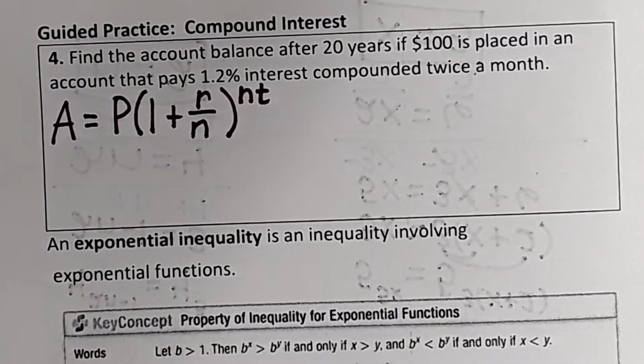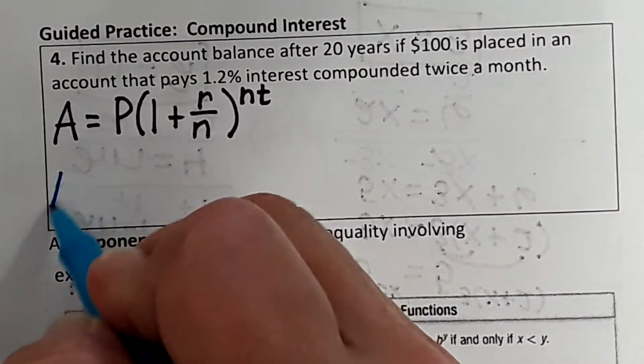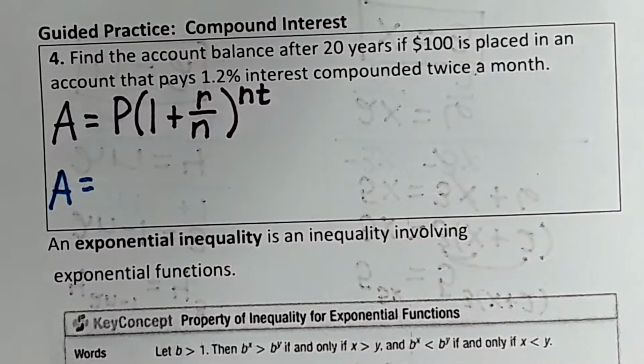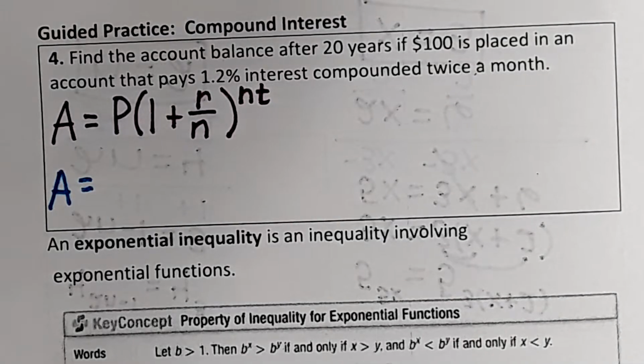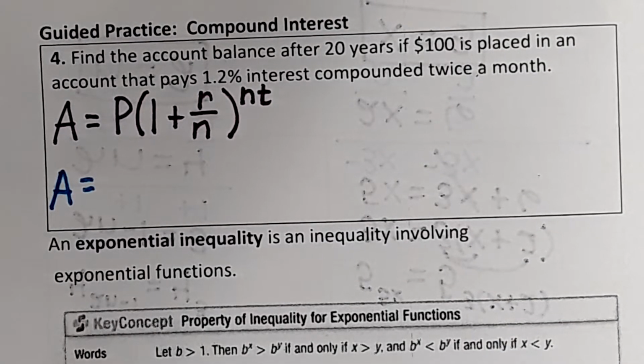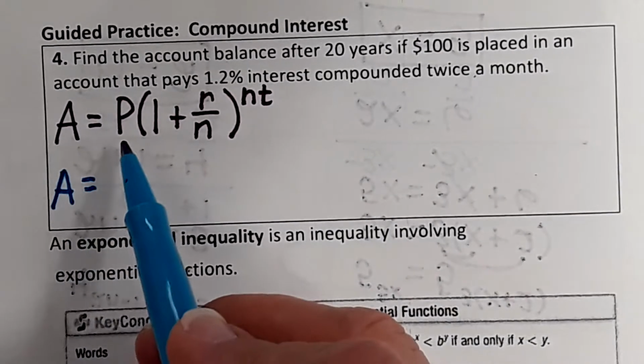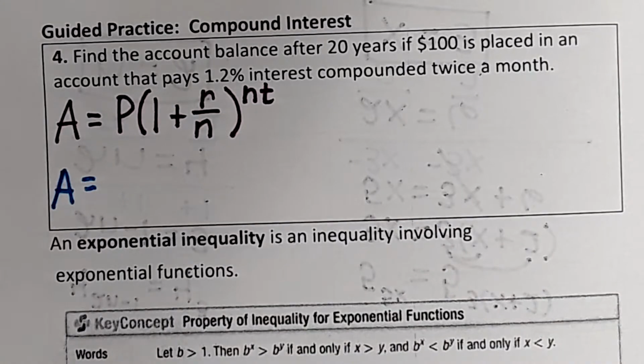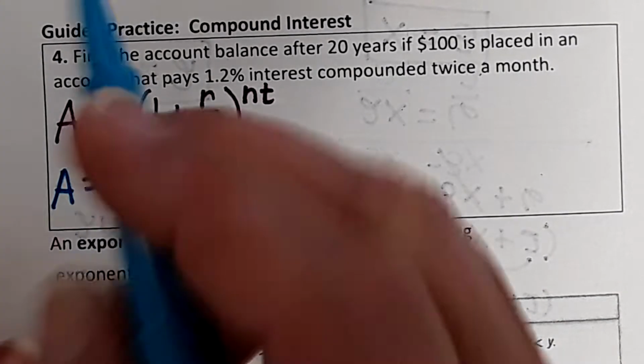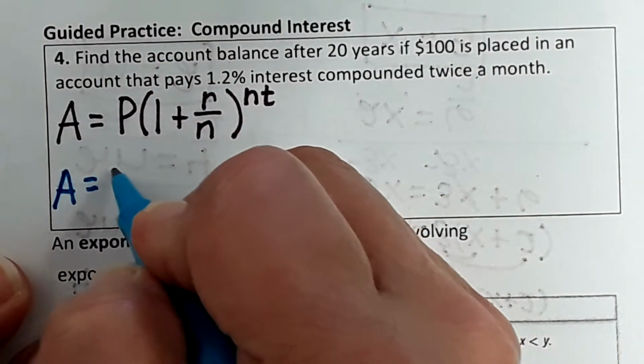Find the account balance after 20 years. So account balance is the A. If 100 is placed in an account that pays 1.2% interest compounded twice a month. So what is our P? P is principal. What are we starting out with? So we're going to put $100 here.